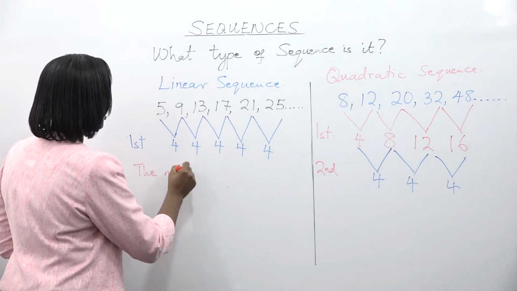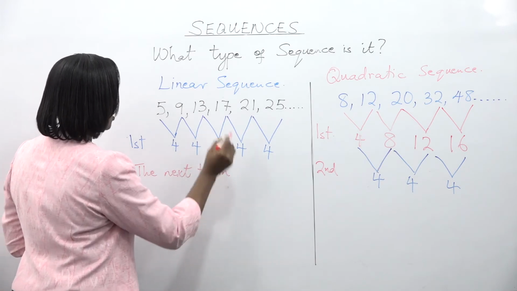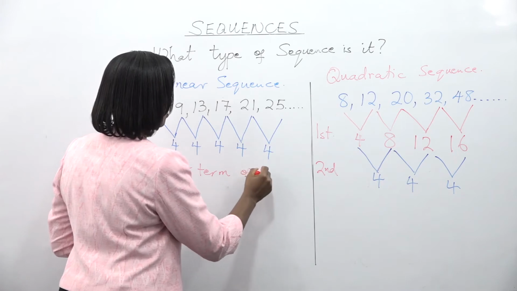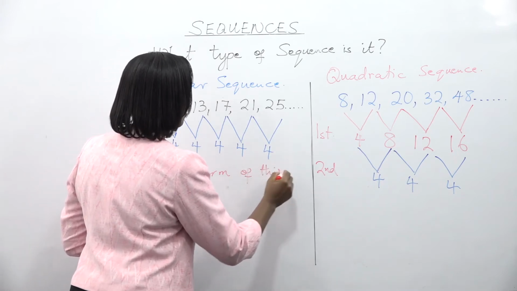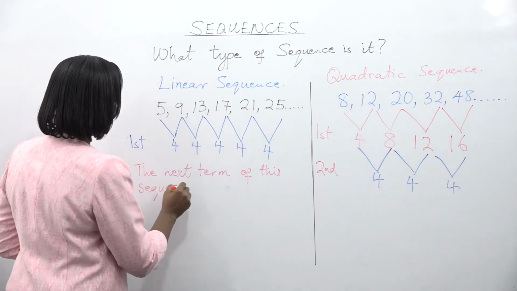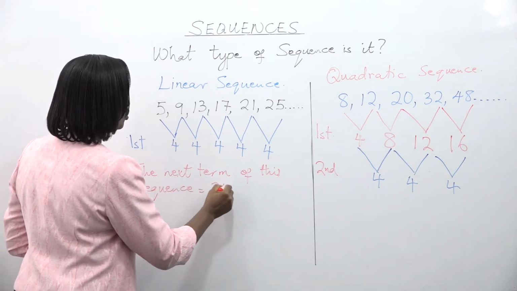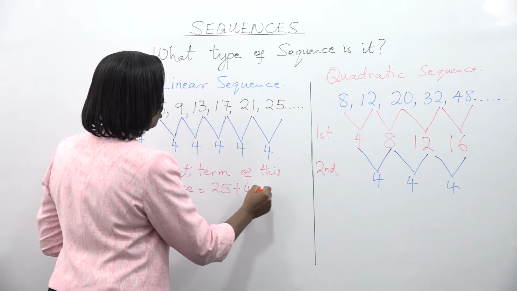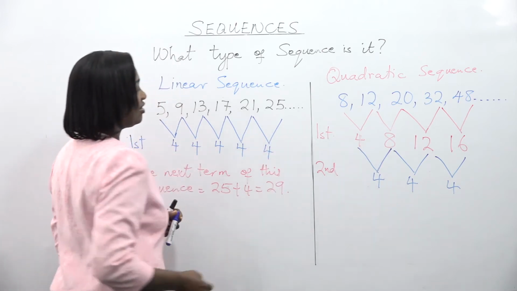I could call that the next term of this sequence. The next term of this sequence is equal to 25 plus 4, which is 29.